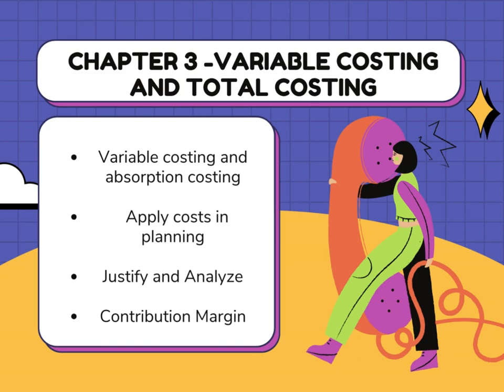And chapter 3, variable costing and total costing. Variable costing and absorption costing, or total costing, are two different approaches to assigning and allocating cost to a product or service. They primarily differ in how they treat fixed manufacturing overhead costs.